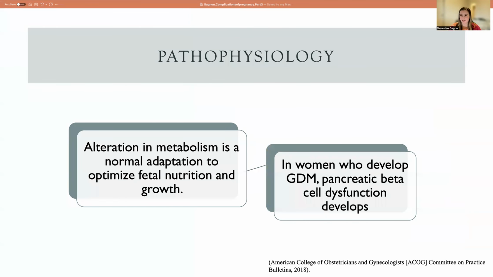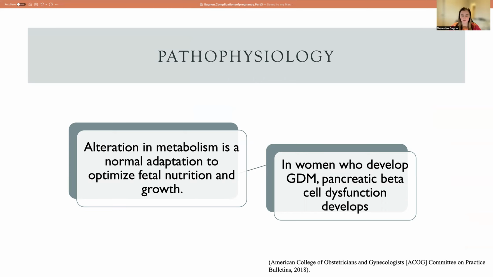So let's talk about the pathophysiology of gestational diabetes. First we need to understand the normal physiology and maternal changes that occur during pregnancy. During pregnancy, a normal and expected level of insulin resistance occurs to facilitate proper fetal nutrition.